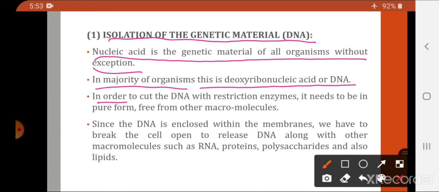In order to cut the DNA with the restriction enzyme. Okay, the main step of recombinant DNA technology is to cut the DNA with the restriction enzyme so that the cut DNA can be joined with the vector.